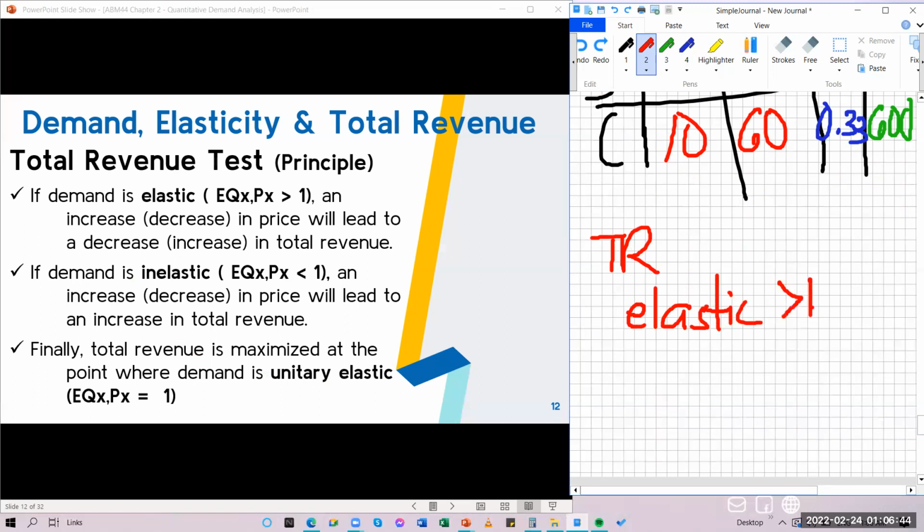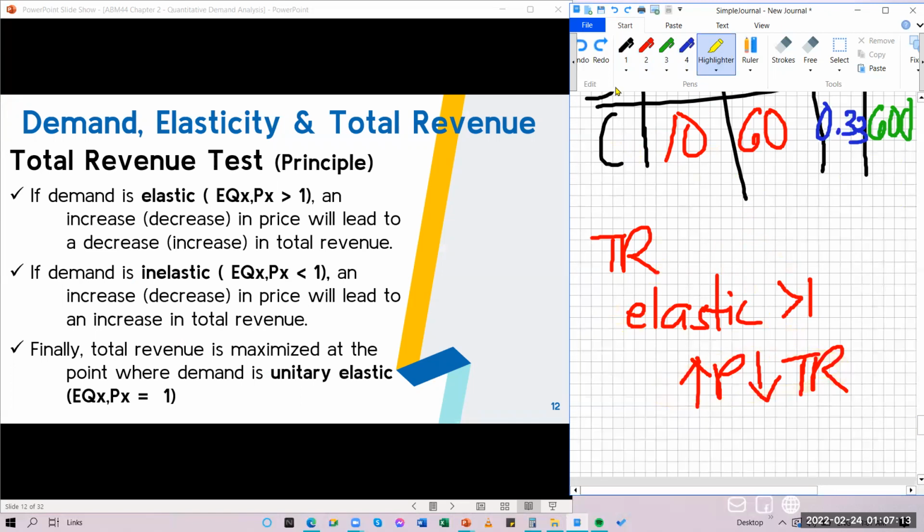Elastic is greater than 1. If you increase your price, your total revenue will be lesser. Why is your total revenue smaller? Because if you raise the price, people buy less, the demand decreases. So your income decreases.